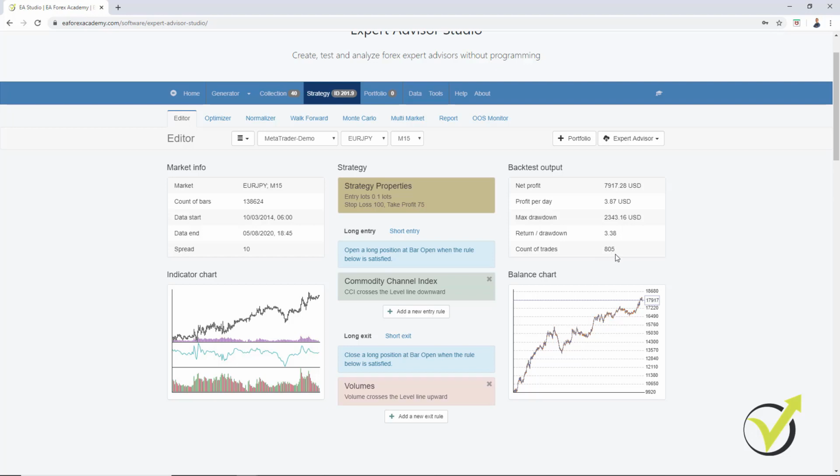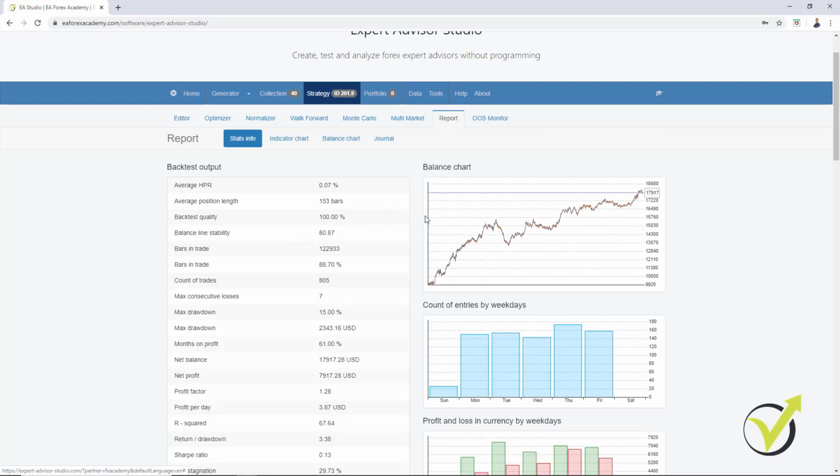For the beginner traders, the more trades we have, the more robust the strategies we are using, because when we are backtesting a strategy, if we have just 20 or 30 trades for such a period like 5 or 6 years, it means first that the strategy is not active, because if it opened just 5-6 trades for 6 years, basically it will be trading once a year. But when it opened 800 trades, this means that it's really an active strategy.